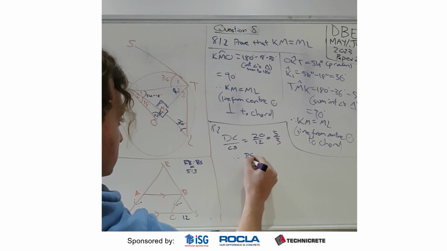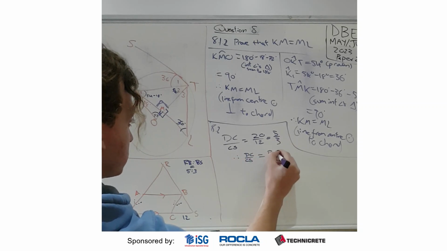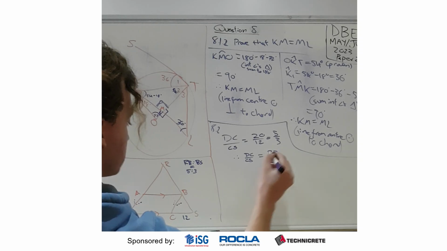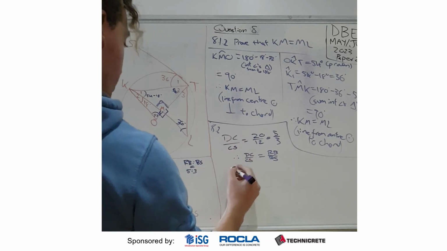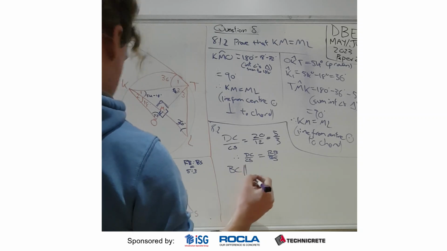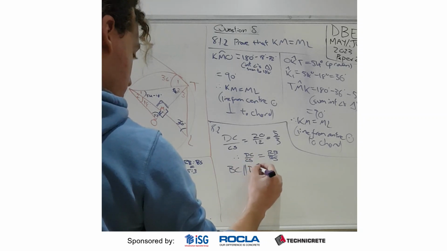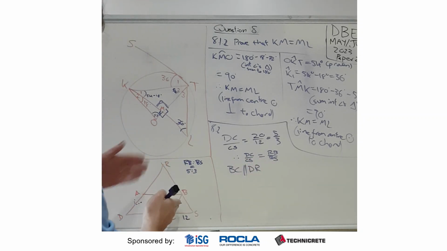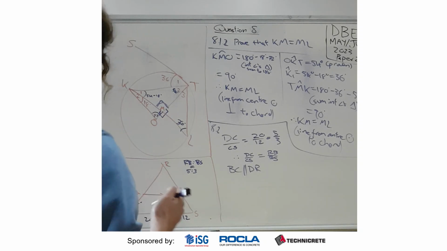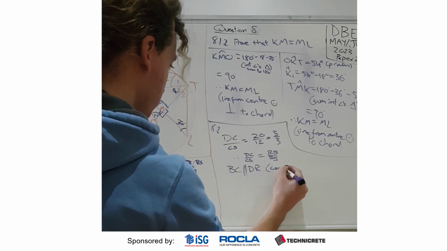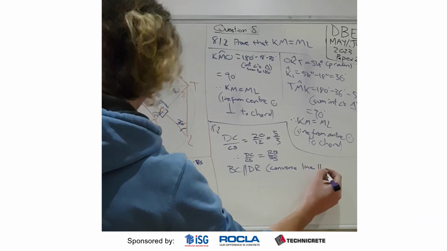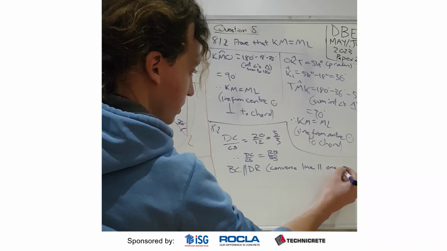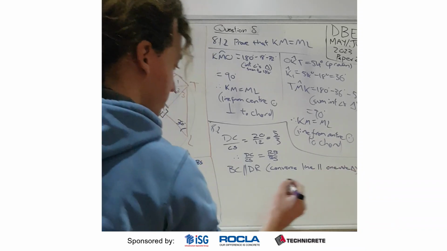So DC over CS is equal to RB over BS. Okay, immediately that should be ringing some bells in your head. It means that this line is parallel to that line, right? The law we're referencing here is converse line parallel to one side of a triangle.